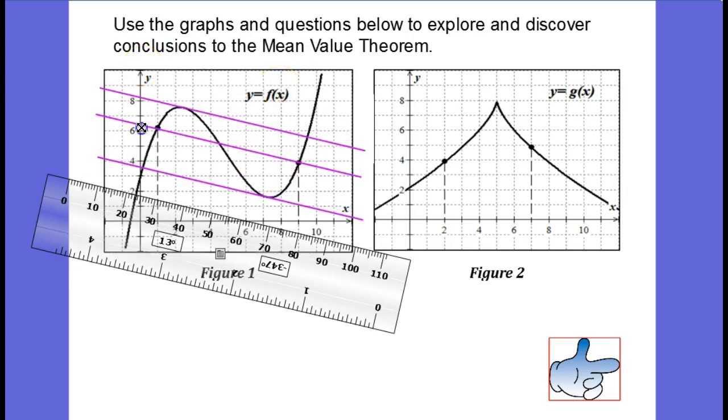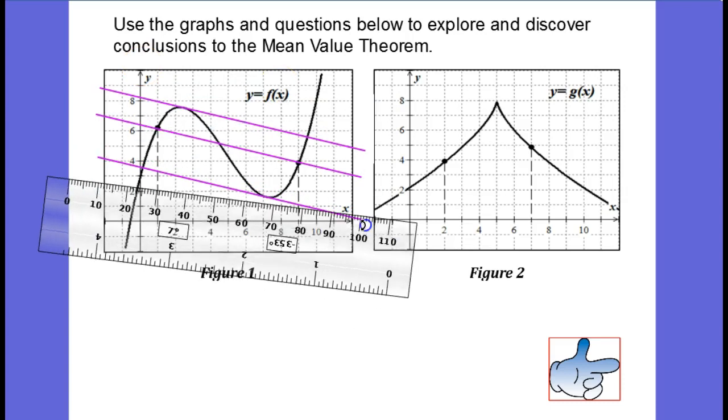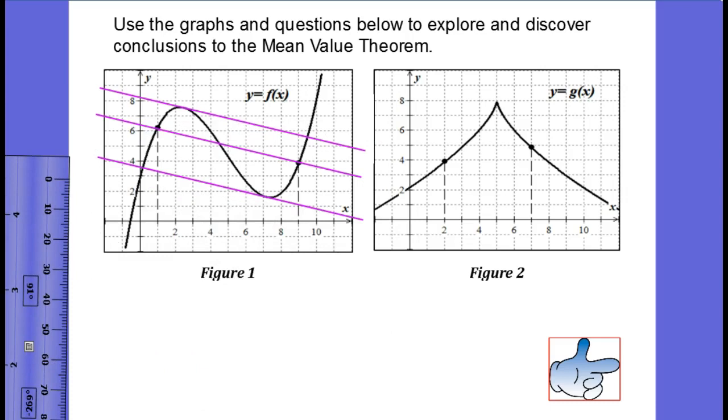And here is another one that we can bring down. Let me move my ruler out of the way, and let's see if we can identify the points where these tangent lines occur. And so this one seems to be right at x equals 7, and this one seems to be right at x equals 2.5.